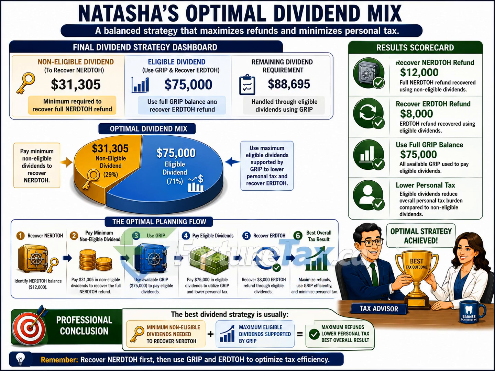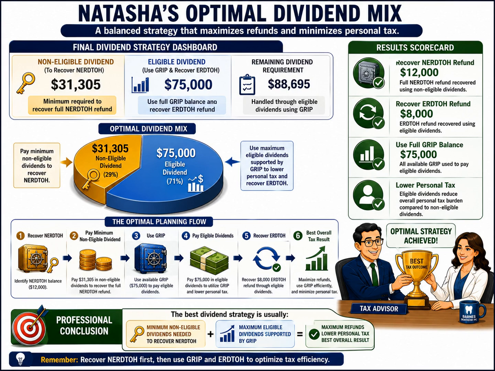The scorecard on the right summarizes the results. First, the corporation recovers the entire $12,000 NERDTOH refund. Second, it recovers the $8,000 ERDTOH refund. Third, it uses the full $75,000 GRIP balance. And fourth, it reduces Natasha's overall personal tax burden by maximizing the use of eligible dividends.